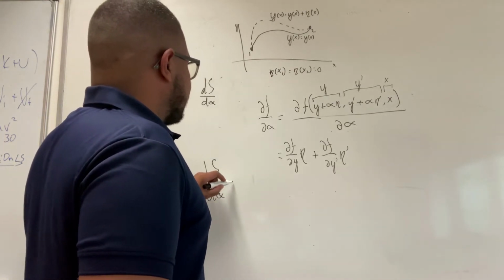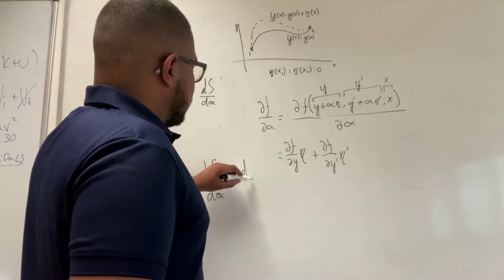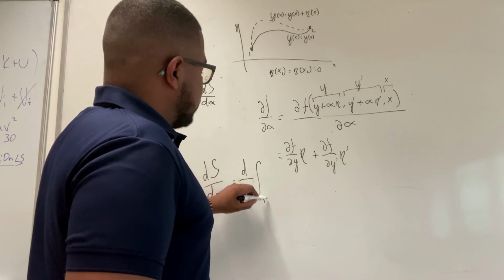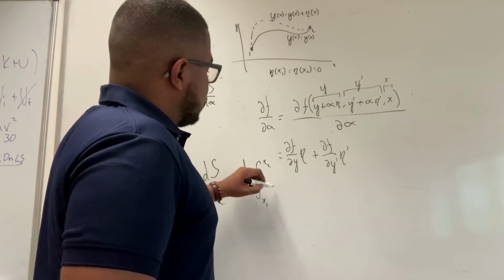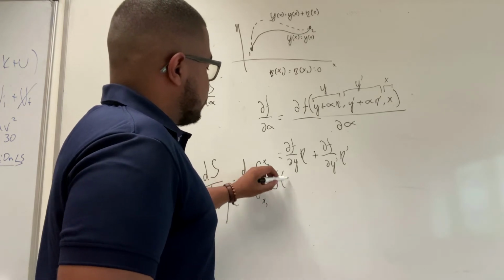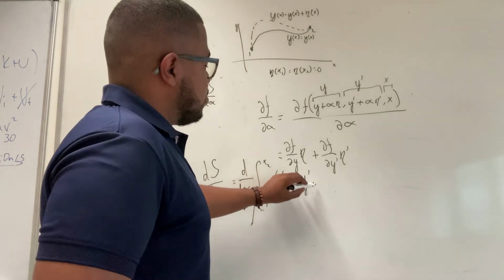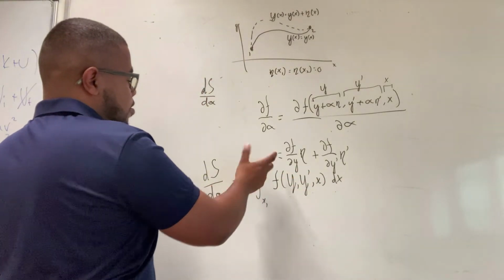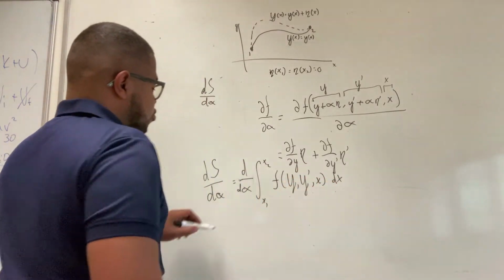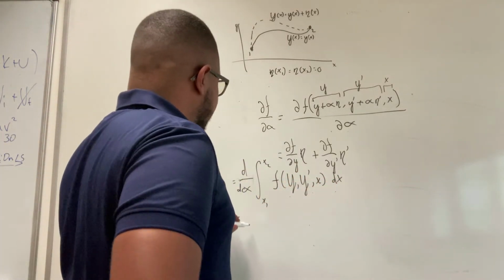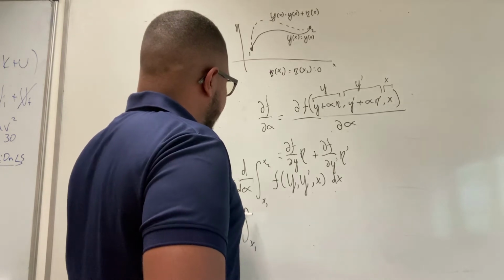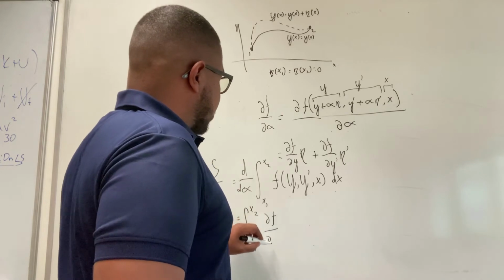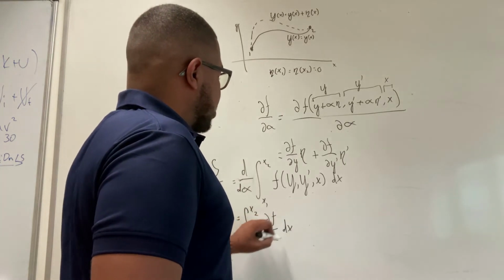We're taking the derivative with respect to alpha of the integral from x1 to x2 of the functional f, which depended on y, y prime, and x, dx. You can take this operation into your integral, which means that ds d alpha is equal to the integral from x1 to x2 of the partial derivative of f with respect to alpha multiplied by dx.